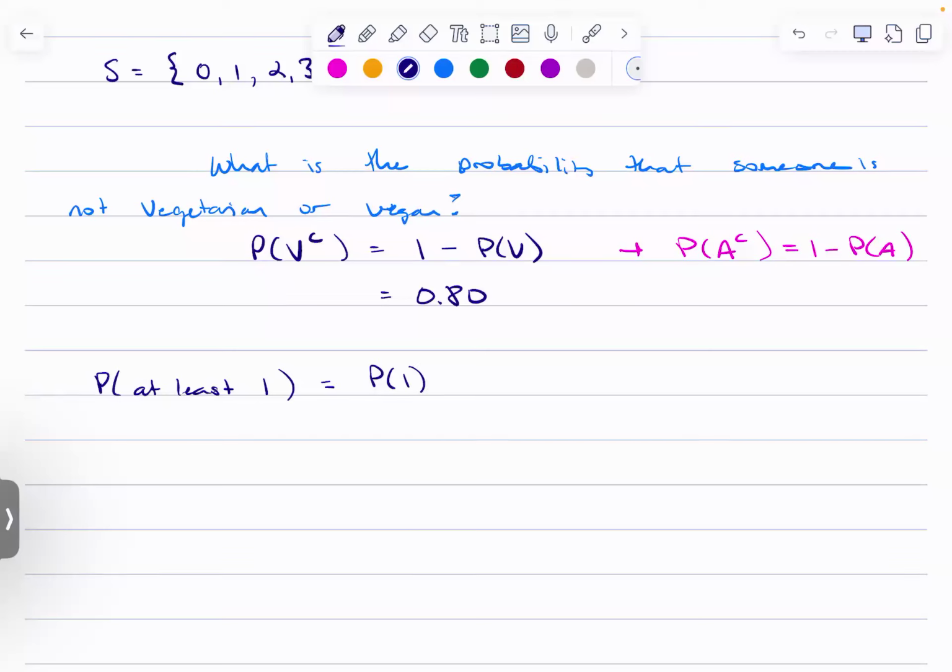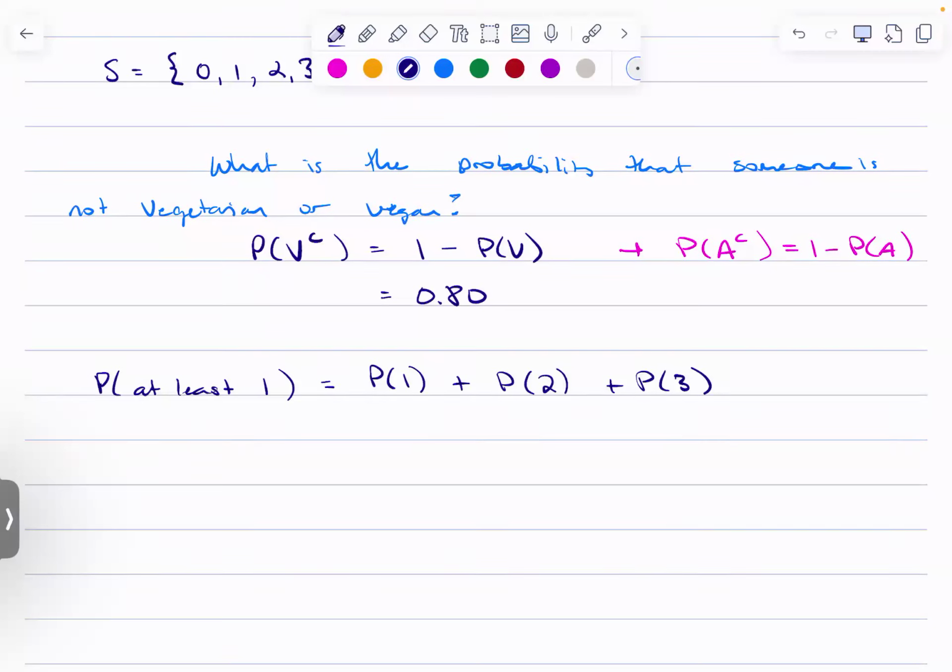Whenever we're saying or, we're adding those probabilities. And whenever we're saying and, we're going to multiply those probabilities. So you want to pay attention to how you say things. It can be 1 or 2 or 3, right? So the probability of 1 being vegan or vegetarian, or 2 or 3.